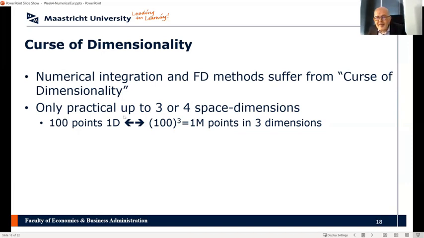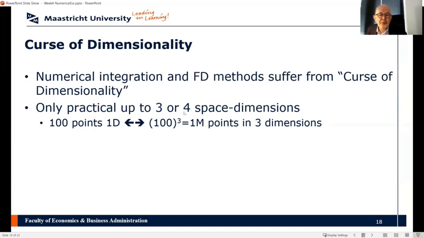And then if I have a problem that, either with numerical integration or with my grid, I have 100 points that I'm tracking through time on my finite difference grid or in my numerical integral. Well, 100 points is no problem in one dimension. But if I scale this problem up to a 3-dimensional problem, I am basically taking 100 points in the x direction, 100 points in the y direction, 100 points in the z direction. So then I'm already tracking 100 to the third. That's 1 million points already.